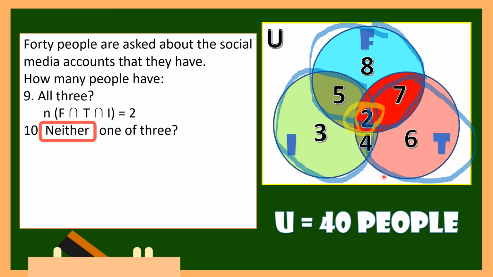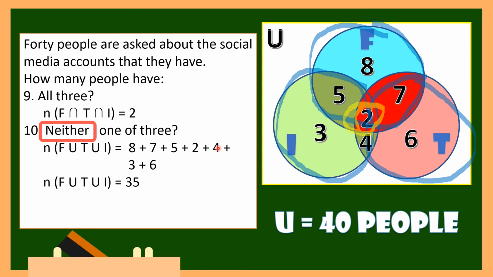So, pwede nyo munang kunin yung total ng may Facebook, Instagram, at Twitter. So, i-add natin lahat ng elements from 8, 7, 5, 2, 4, 3, and 6. So, para makuha natin yung total participants na may Facebook, Instagram, and Twitter.